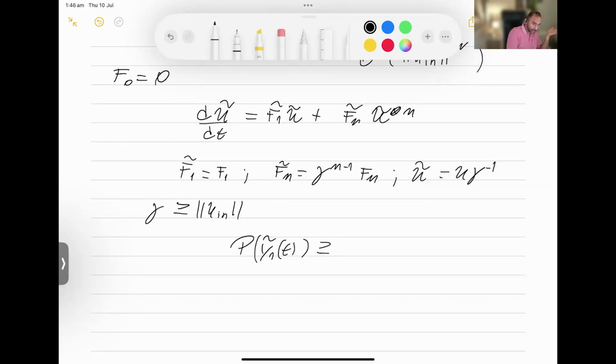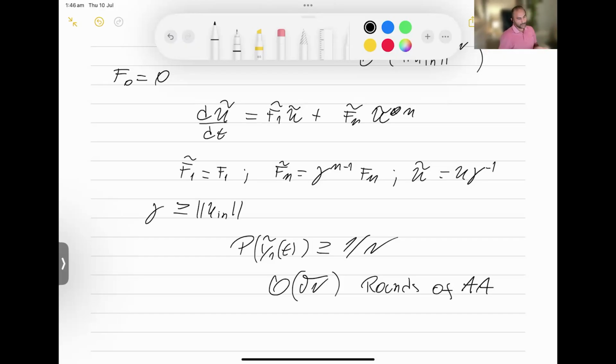If you go larger than Un, it's going to be larger than 1 over n. And now the rounds of amplitude amplification are going to be pretty much the square root of n.